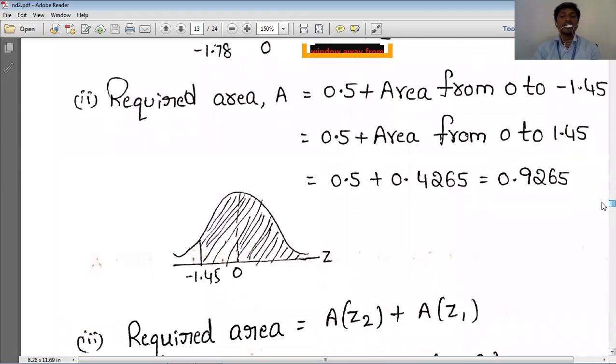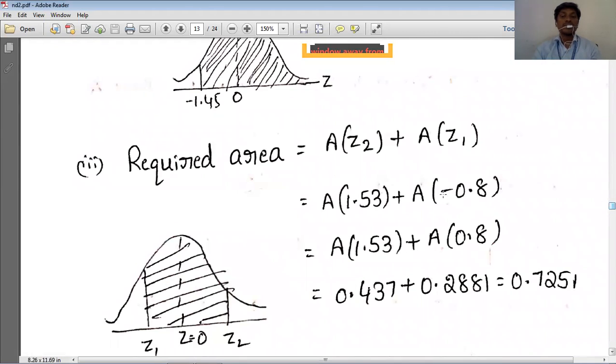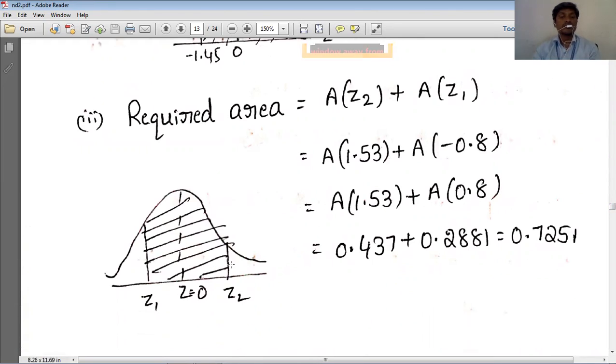So 0.9265. And next, between: just now we saw that one area is negative and another one is positive. So Z1 here is 0.8, on this side, and on this side Z2 is equal to 1.53, right?